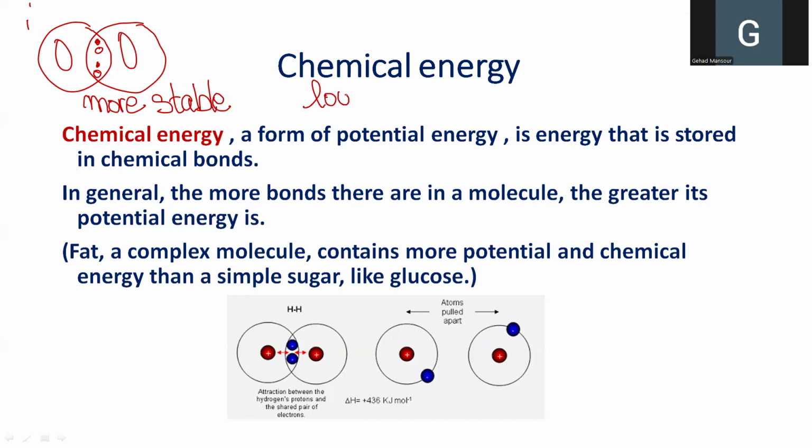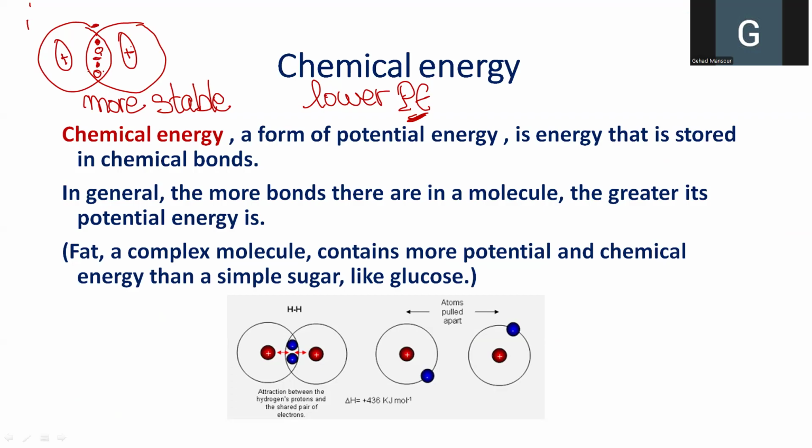So it has a lower potential energy, but it still has potential energy because this bond keeps the two oxygen atoms in place. This is because of the attraction between the positive nucleus of the oxygen atom and the negative charge of the electron.